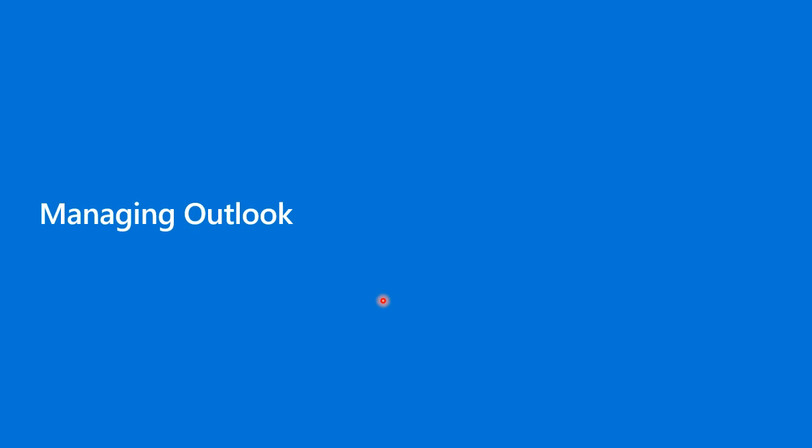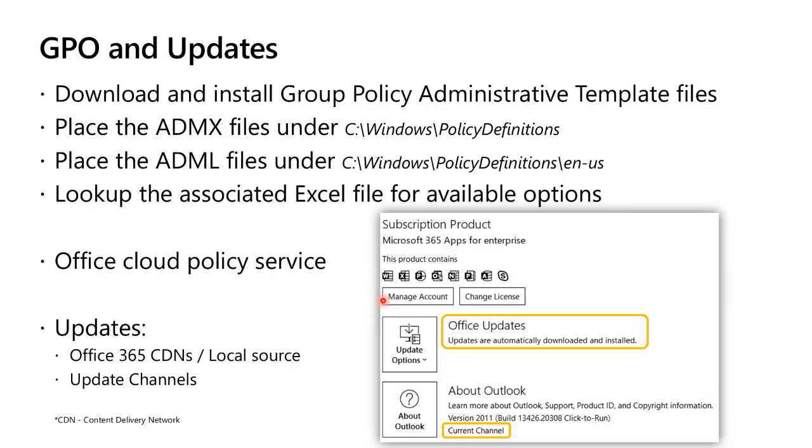Moving to the next part, talking about managing Outlook. Group policy object, that is GPO, is one of the most widely used scenarios in order to push the updates. So Microsoft's GPO is a collection of group policy settings that defines what the system will look like and how it will behave for a defined group of users.